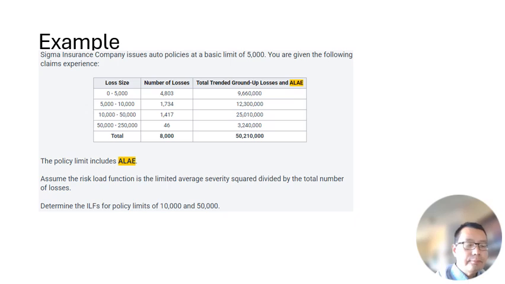Okay, it says assume the risk load function is the limited average severity squared divided by the total number of losses.